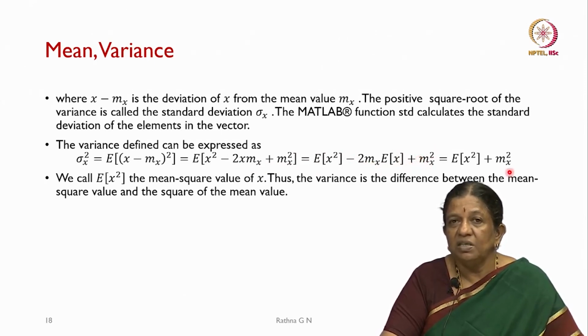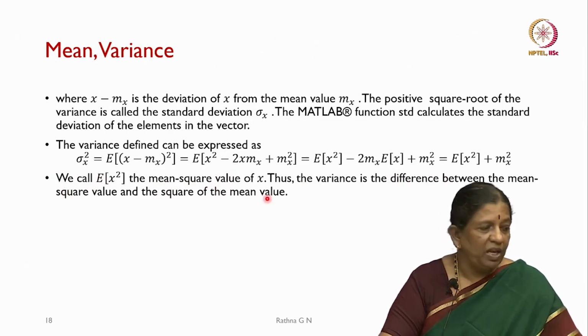So, this is the value we will be getting, that is, this becomes 0. So, it will be expected value of x squared minus mx squared. We call expected value of x squared the mean square value of x. So, variance is the difference between the mean square value and the square of the mean value.